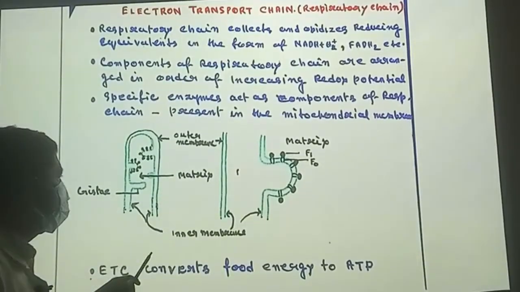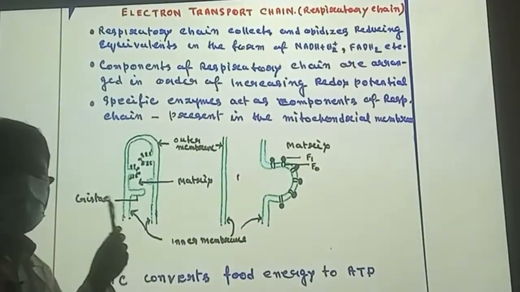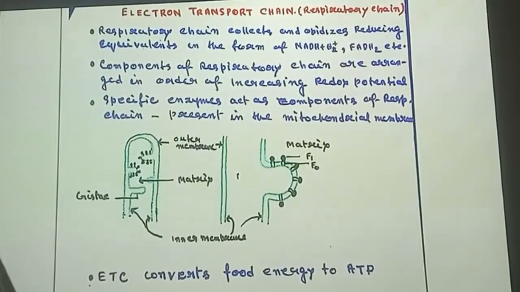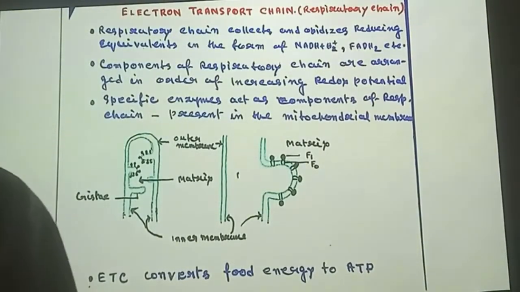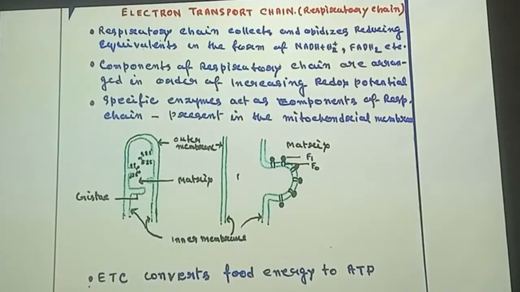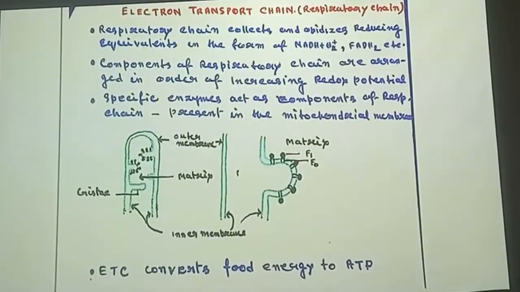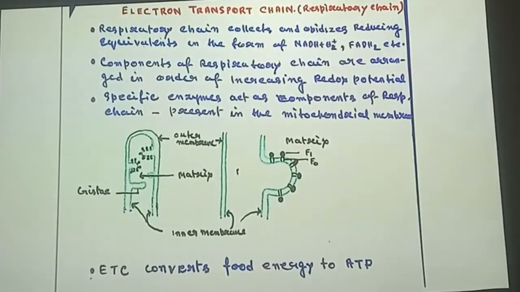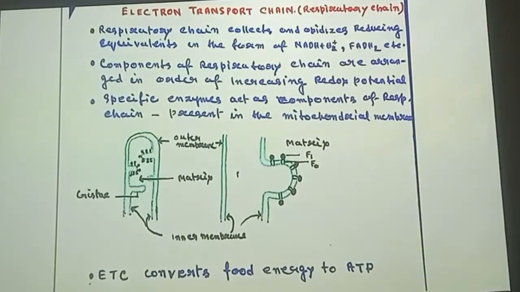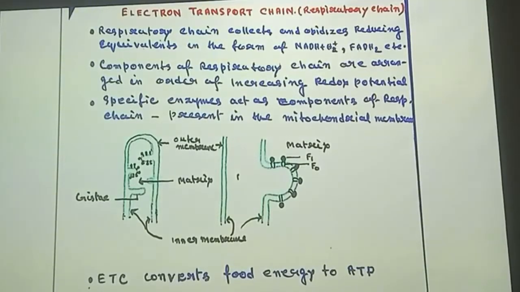Now you can see that our energy is mainly generated in the powerhouse of the cell, as we told earlier, the mitochondria, where oxidative phosphorylation and the electron transport chain take place.